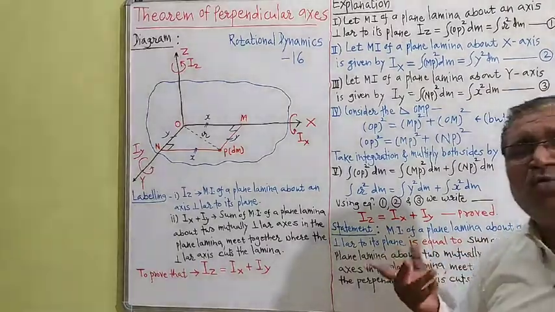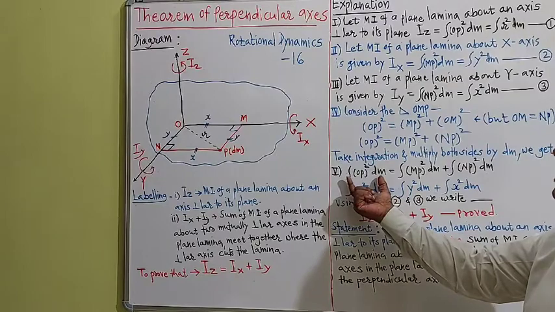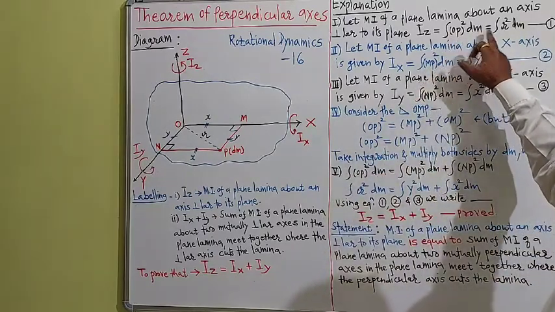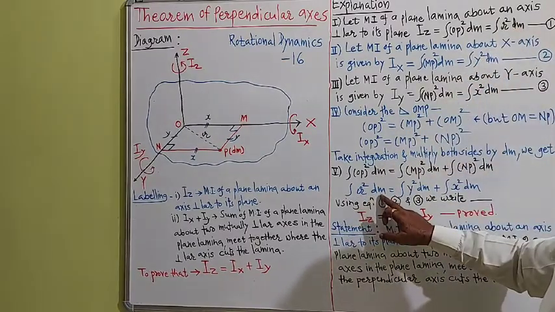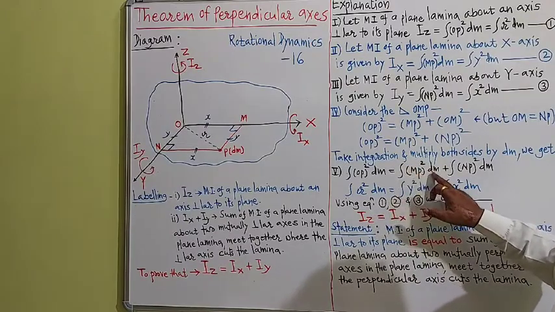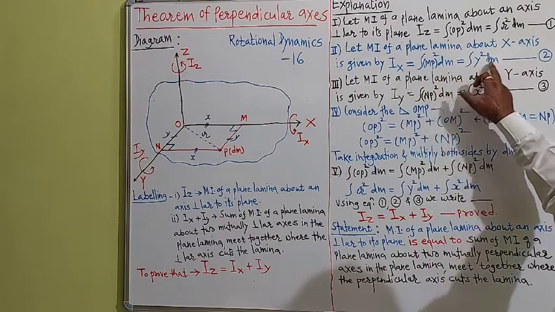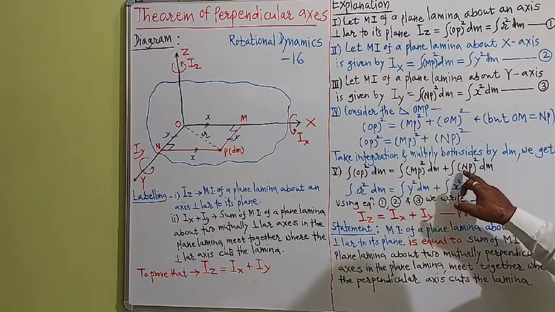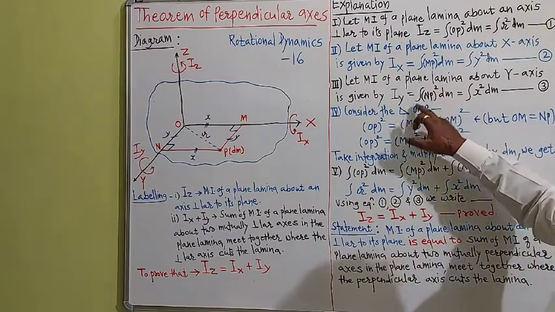Then it will become more easy now. What is the value of integration of OP square into dm? Integration of OP square into dm is equal to integration of R square into dm. So that I have written here is equal to, what is the value of MP square into dm? Integration of MP square into dm is equal to y square into dm. That I have written here, plus what is the value of NP square into dm?